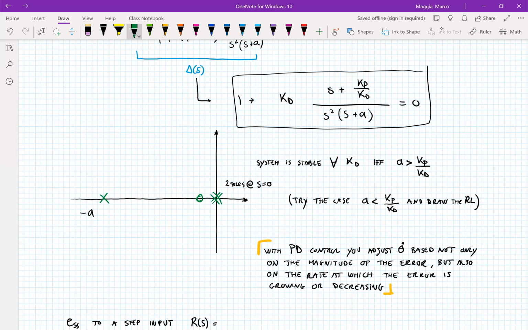If it was to the left of -a, we would have an unstable system, and I'll let you see that for yourselves. Just draw the root locus and you'll see that we would have an unstable system. This root locus is actually the same as we saw for an example last time, for the lag compensator, with this kind of circle here.